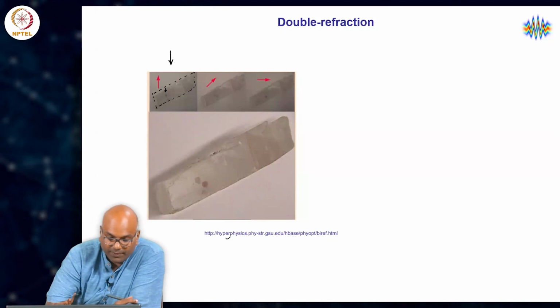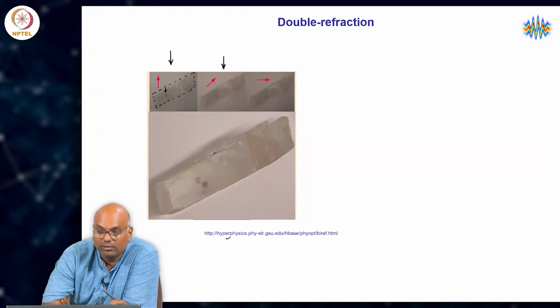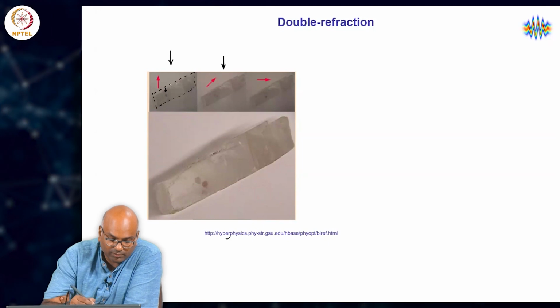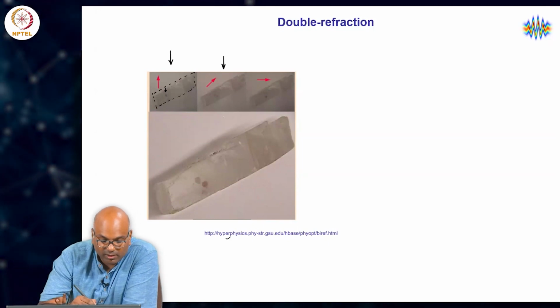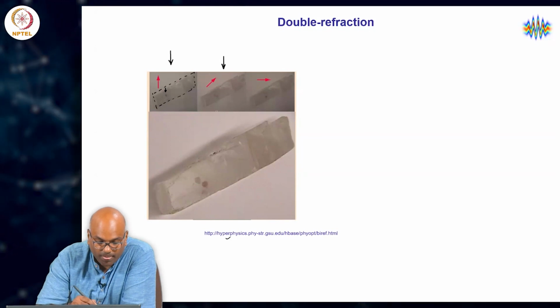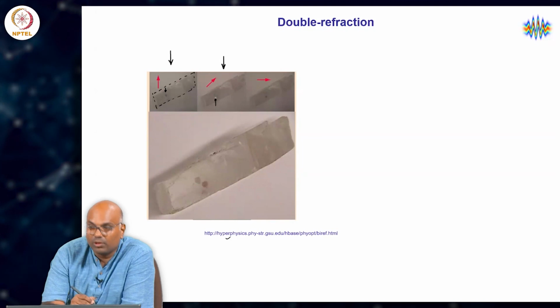All right. Now, in panel 2, that is this panel, look carefully. The crystal has somehow been rotated, okay, and you see two dots here. Why?